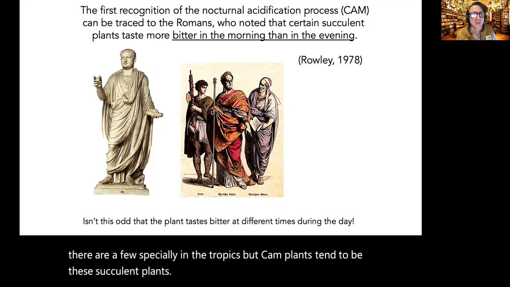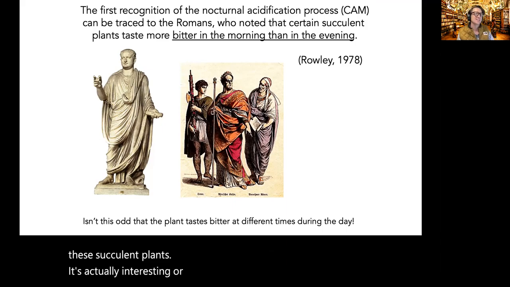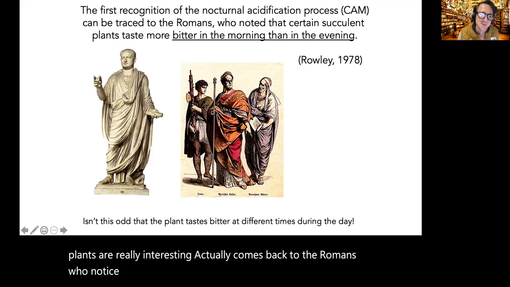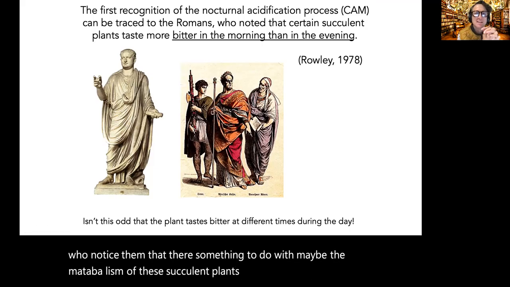It's actually interesting. Our earliest indication that these succulent plants are really interesting comes back to the Romans, who noticed that the metabolism of these succulent plants might be different from other plants.